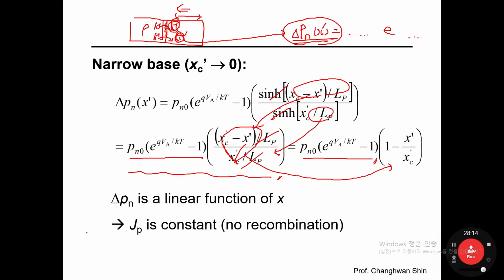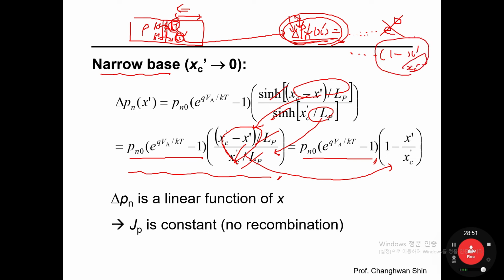In the case of a narrow base, mathematically speaking, xc prime becomes asymptotically 0. This excess hole concentration, the excess minority carrier concentration in the n side, delta p sub n as a function of x prime, can be described as an exponential, but instead of this, it is a constant times 1 minus x prime over xc prime.